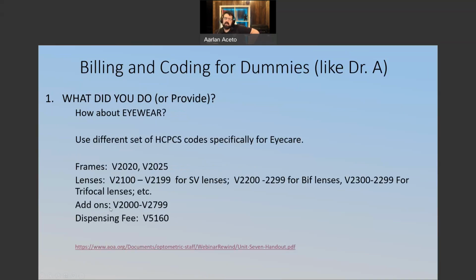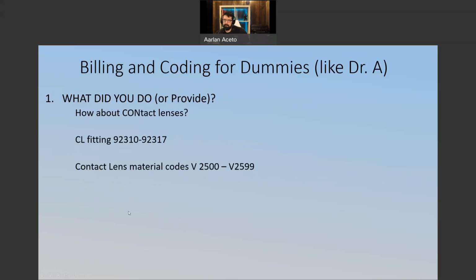It's the dispensing fee: the dispensing, the adjusting, the fitting, the measuring, all that other stuff. There's an additional fee that you can get paid for. If you leave that off, you're leaving money on the table. If you made the glasses and gave them to them, you're entitled to that dispensing fee. So there's the frame, the lenses, and at least in Connecticut Medicaid, there's a dispensing fee that you don't leave on the table. How about contact lenses?